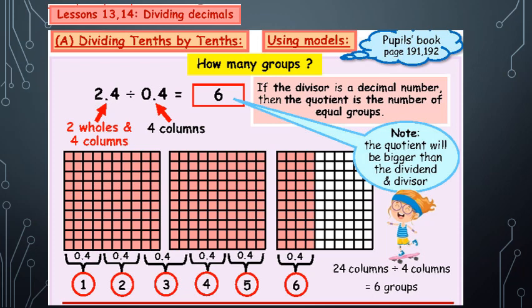That means 4 columns each. Then we will get 6 groups of 4 tenths. So the quotient of 2 and 4 tenths divided by 4 tenths equals 6 groups.